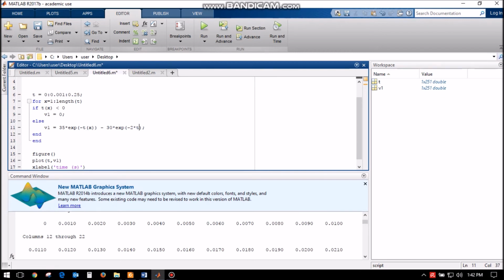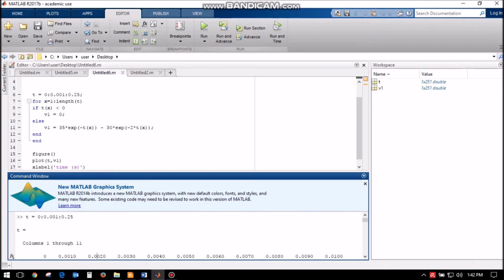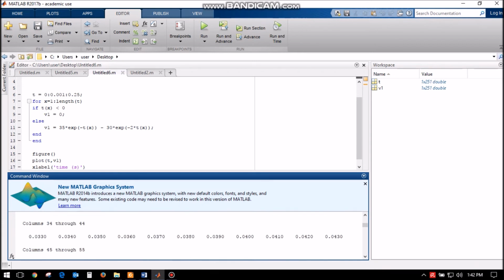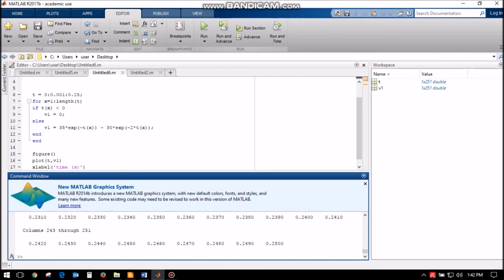T refers to the x, which is 1, 2, 3, 4, 5, 6, 7, 8, and so on until here we have 251 numbers.